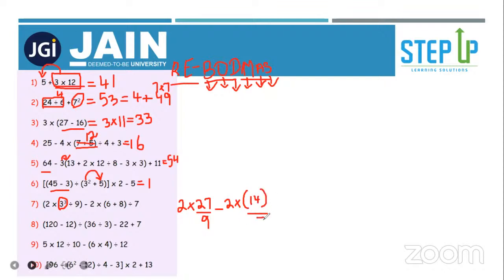Again divided by 7. Okay, 9 times 3 is 27, so 3. 3 times 2 is 6. Minus 7 times 2 is 14, so 2. 2 times 2 is 4. 6 minus 4 equals 2. That's all.